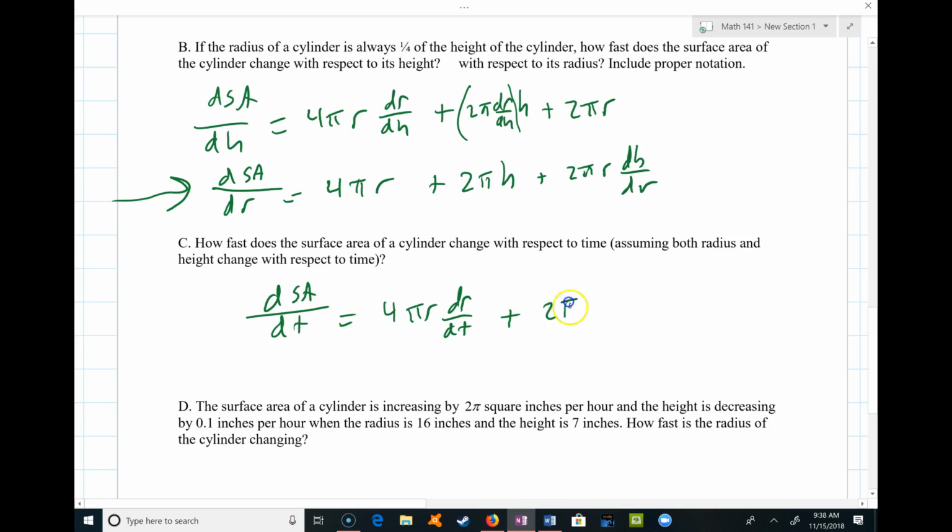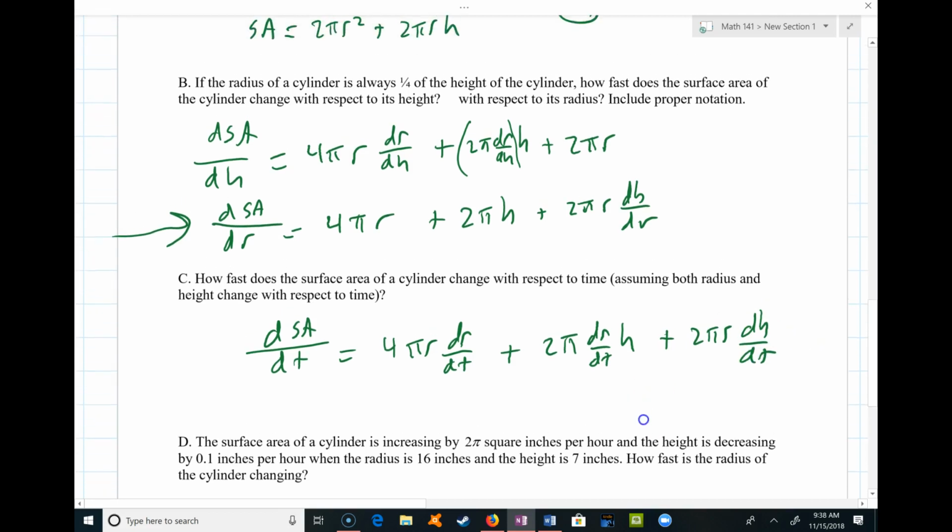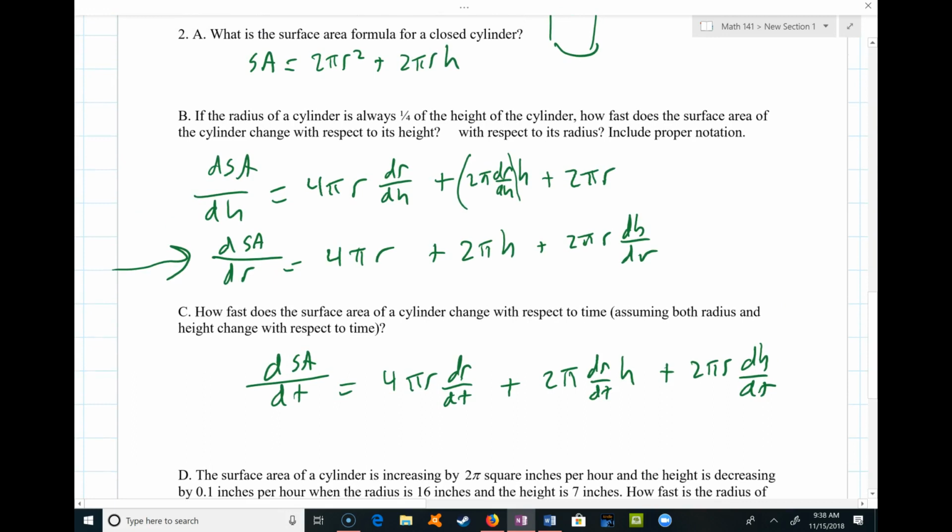And 2 pi dr dt h plus 2 pi r dh dt. Notice we're not really asking any questions here. We're just kind of getting practice on this implicit differentiation stuff, right?